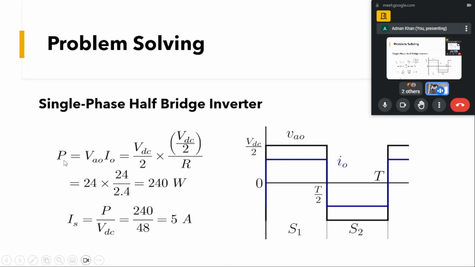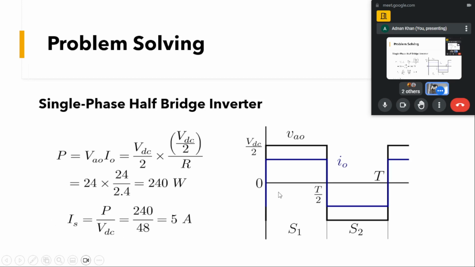So P will be equal to VAO, that is VDC by 2, into IO, that is VDC by 2 divided by R. VDC by 2 is 48 divided by 2, 24 volts, and I will be 24 divided by 2.4, which comes out to be 10, so the power is 240 watts. The output power is 240 watts, and since this system is lossless, P in equals P out, so IS is equal to 240 divided by 48, which comes out to be 5 amperes.